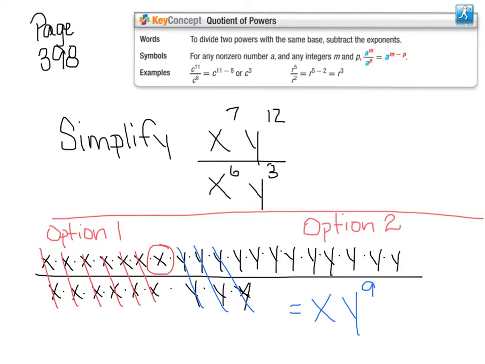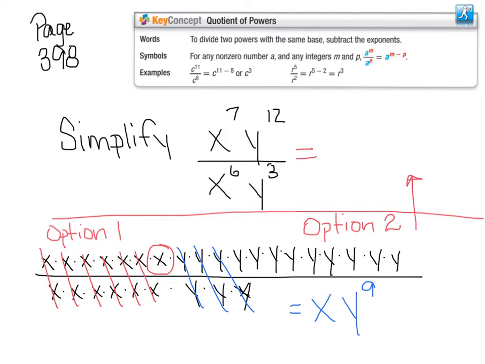Okay, option 2, I'm going to do this up here, and I'm going to show you how to do this using the rule that you've been given right here. According to the rule, to divide two powers with the same base, we simply subtract the exponents.